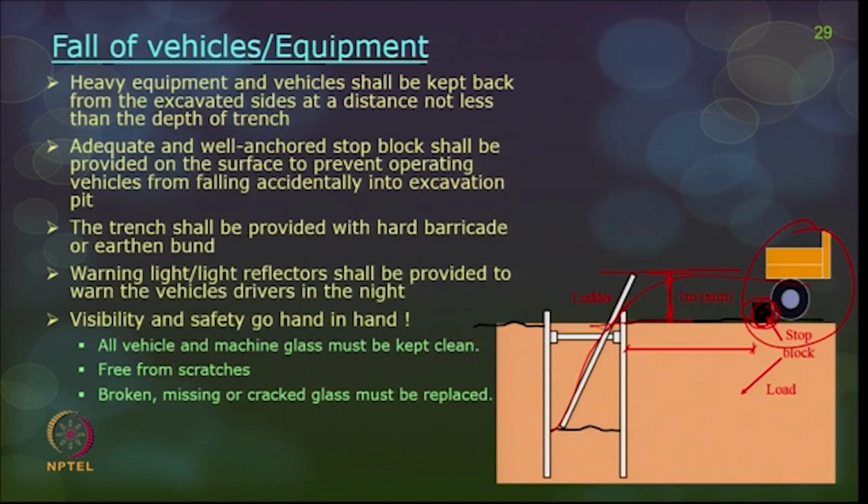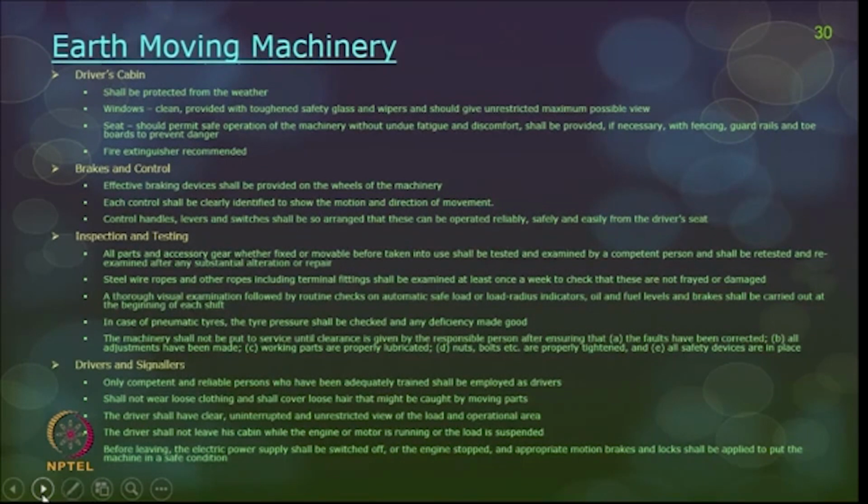The trench shall be provided with hard barricades, and visibility and safety should go hand in hand. Vehicles should be properly cleaned and free from scratches, and any broken, missing, or cracked glass should be replaced or repaired, so that the visibility of the operator is clear at all times and there is no compromise on visibility.